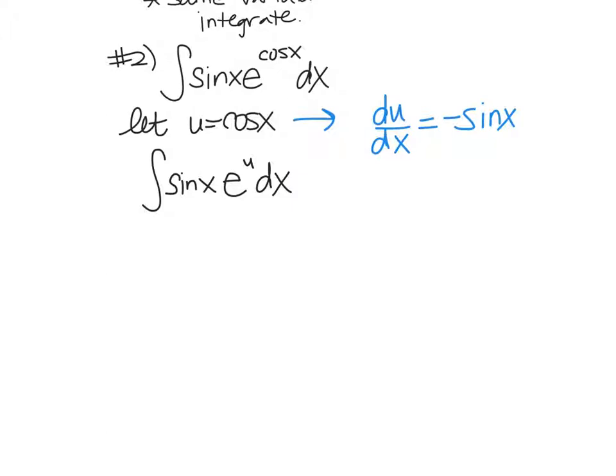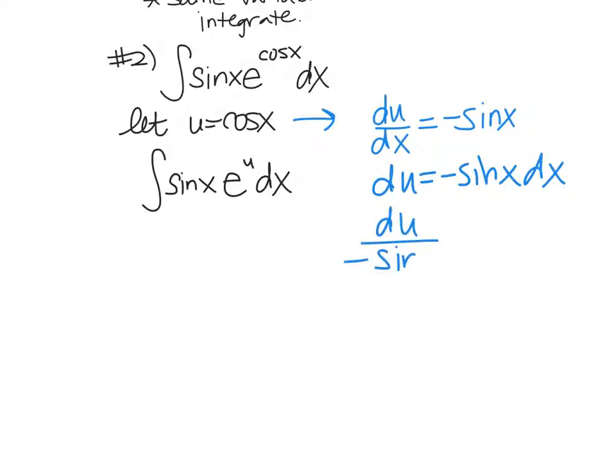So go over here and solve for dx. You have du equals negative sine x dx, and then divide by negative sine x. So du over negative sine x equals dx. Okay, so now that brings me back over here where I'm going to replace dx with this entire thing. Oh, this is the magic.